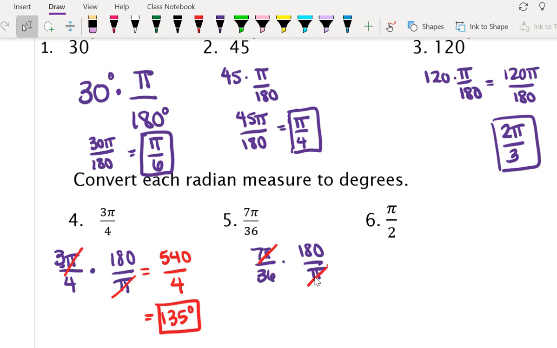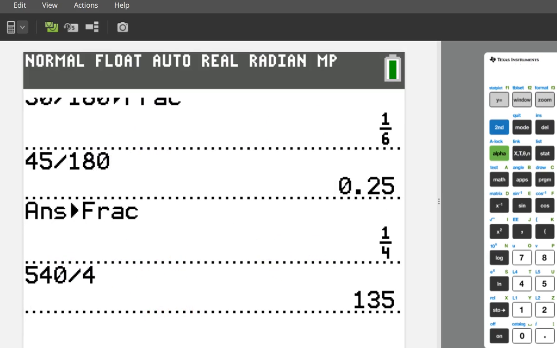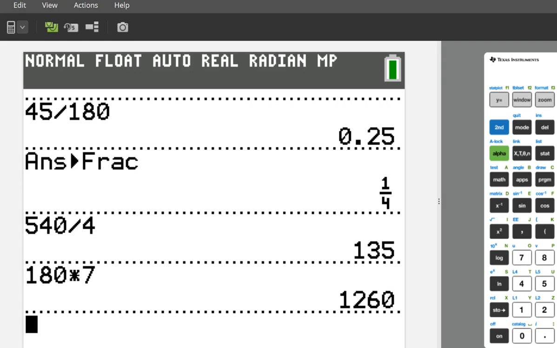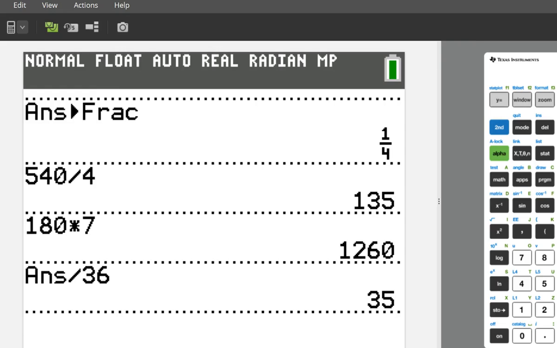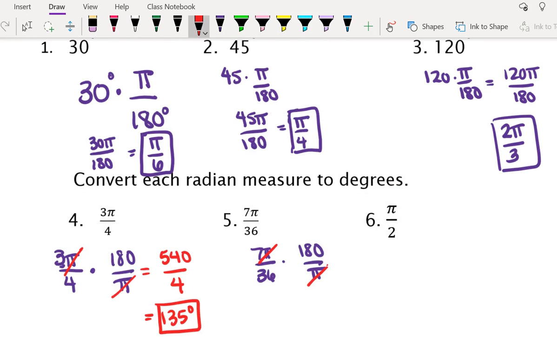So we're taking 7 times 180, and then I'm going to divide that by 36. So this was 1260 over 36, which is 35 degrees.